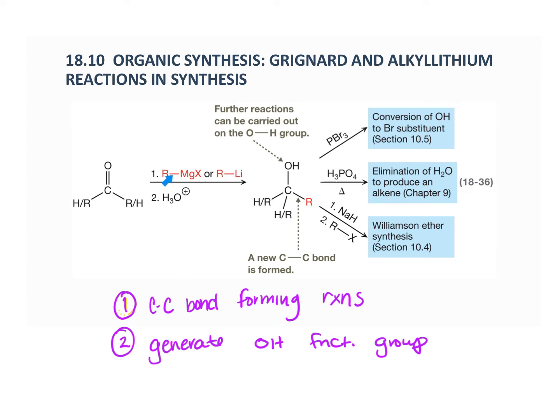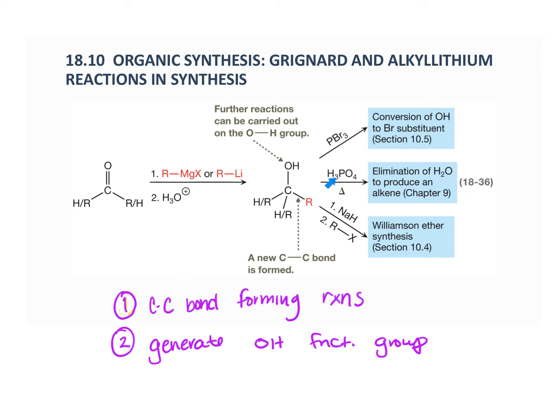So here, it's kind of like a 1-2 punch, right? You can come in here and you can add the R group here, and then you also turn this into an alcohol functional group, and then you could use PBr3 and get an alkyl halide with a bromine substituent. That's section 10.5.